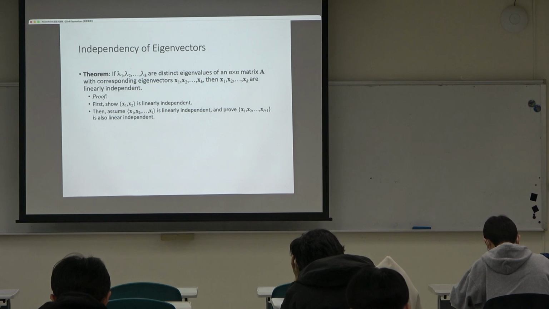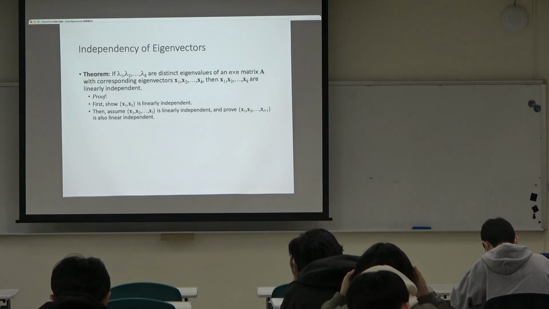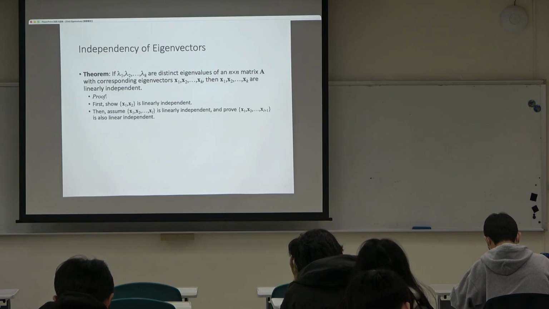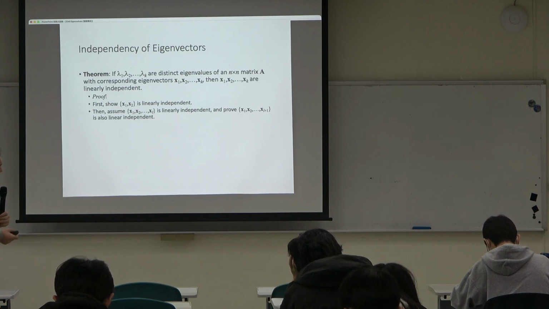The first one: if lambda 1, lambda 2, up to lambda k are distinct eigenvalues of an n by n matrix A with corresponding eigenvectors x1, x2, up to xk, then x1, x2, up to xk are linearly independent. Here there's one important thing to bring to your attention: these lambda i are distinct eigenvalues.